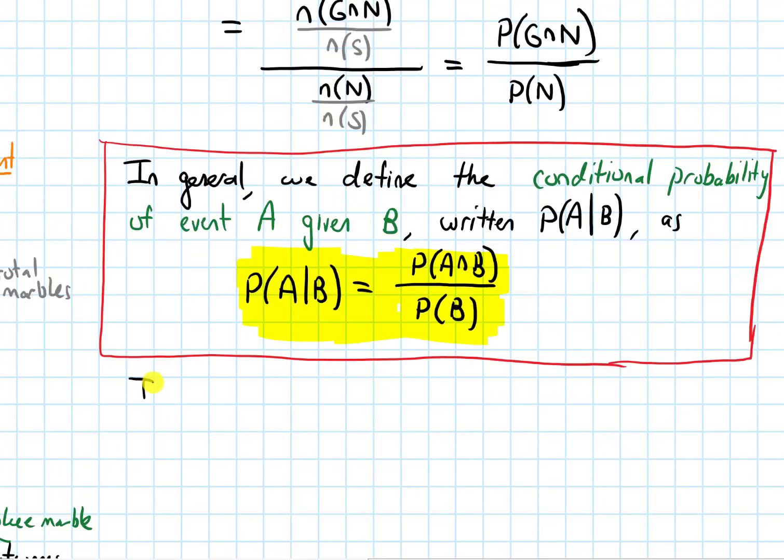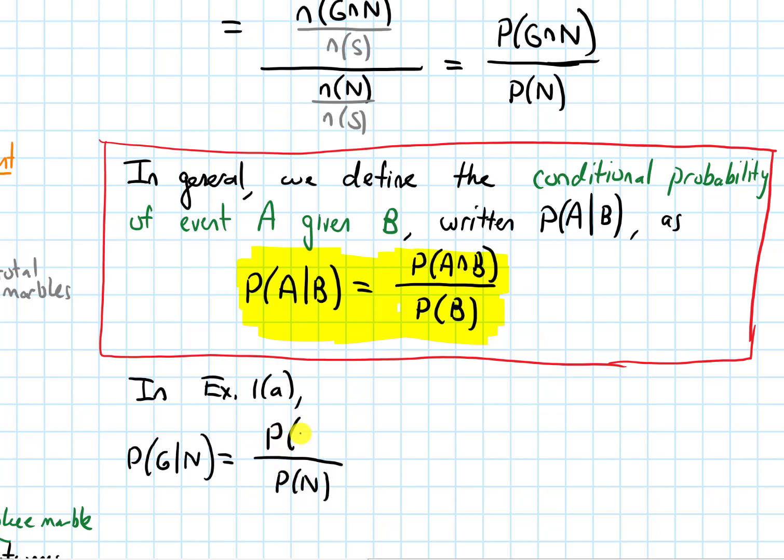All right, so in our first example, part A, I just want to verify that if we use this formula for the conditional probability, the probability of G given that N occurs, we end up with the same thing that we got just using logic. Our formula says we should have P of N on the bottom, and the probability of G intersected with N on the top. G intersected with N means that our marble is green and it is not blue, because that's what N was.